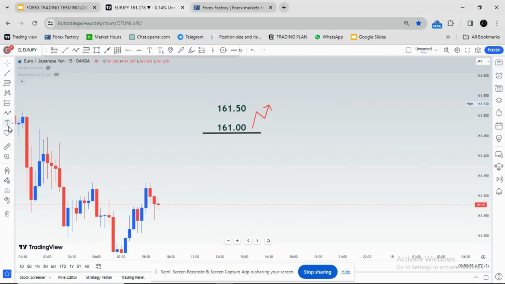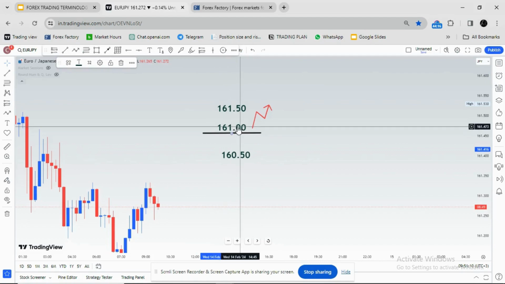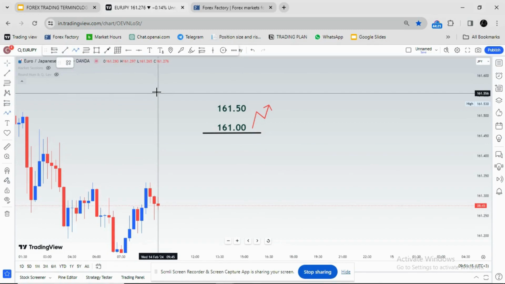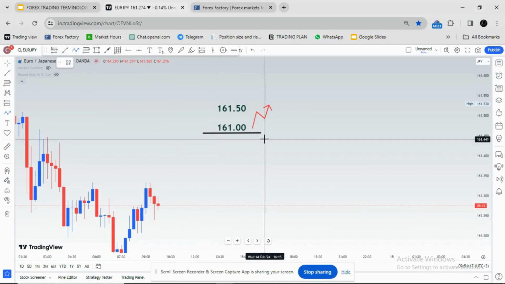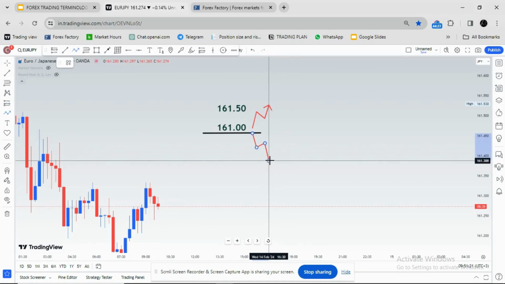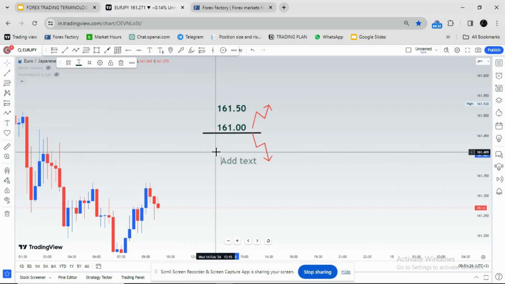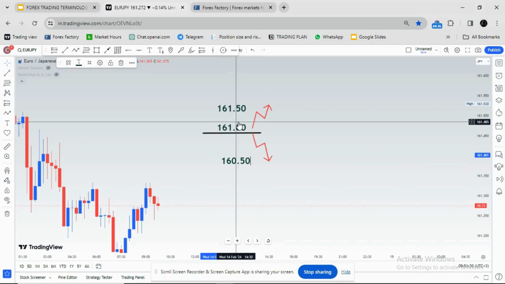The opposite is also true when we have something like 160.50. If this is the starting point and we get this, that means Euro JPY must have dropped a certain amount to get to 160.50.